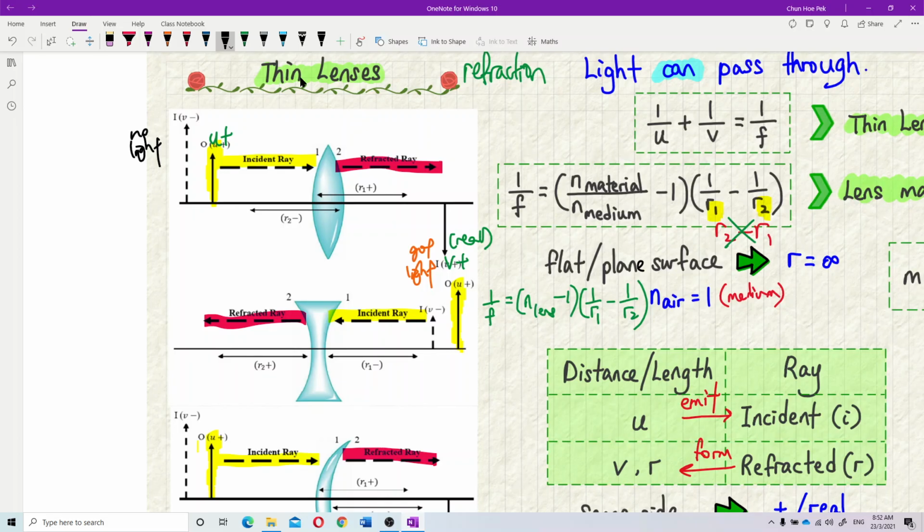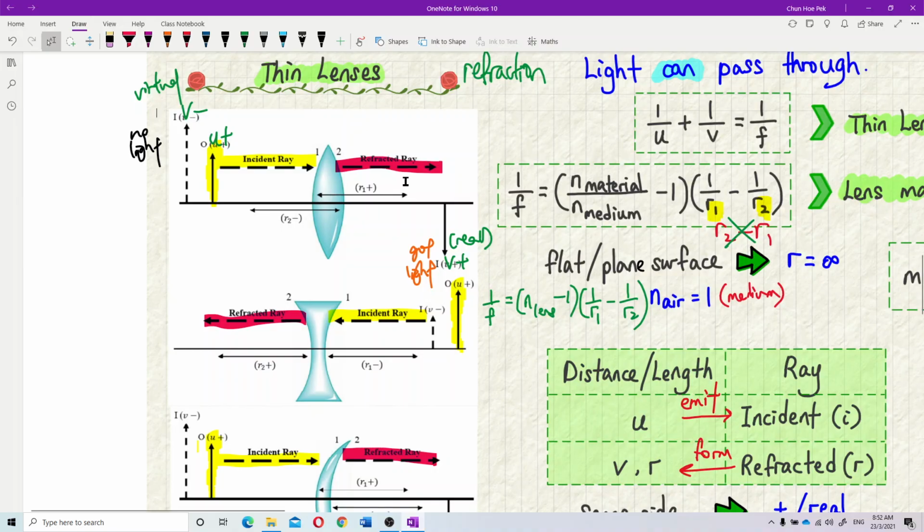Because the refracted ray has already gone to the other side, the image is formed here, at the place opposite to the refracted ray. So this is what we call the virtual image, because there is no light.